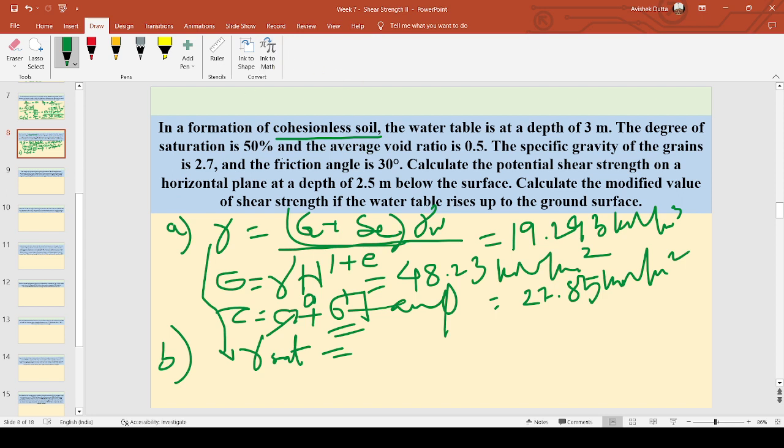If it is fully saturated, then this S value will be equal to 1 and not 0.5.